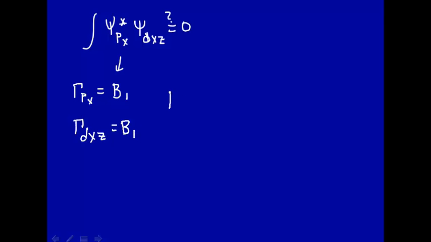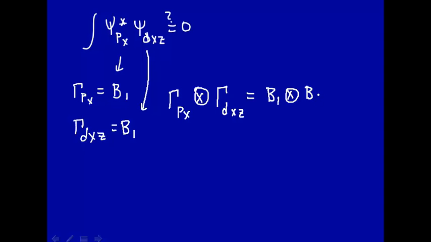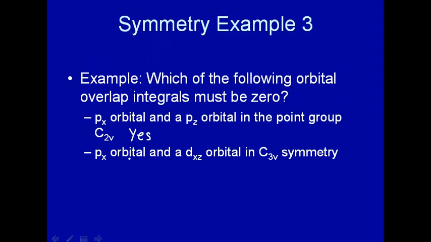So if we take the irreducible representation of the px and multiply that by the irreducible representation of the dxz, that's the same thing as taking b1 times b1, and that is not equal to 0. Must the overlap integral of the px and dxz orbitals be 0? The answer here is no, because they have the same symmetry.